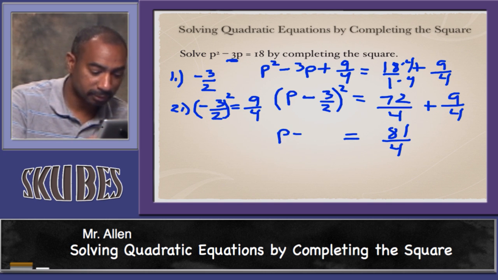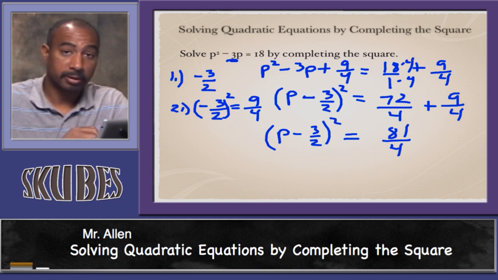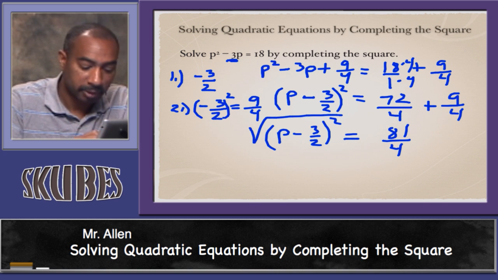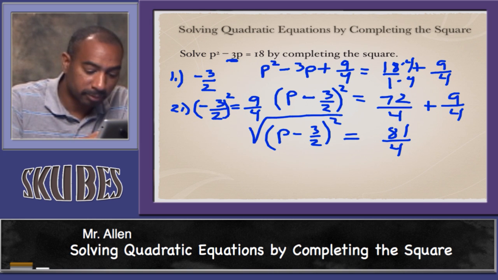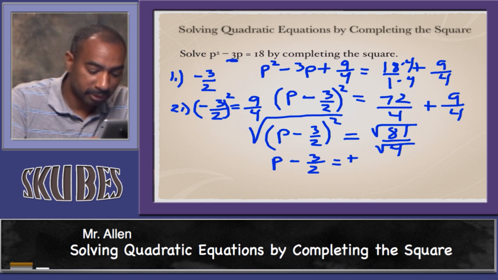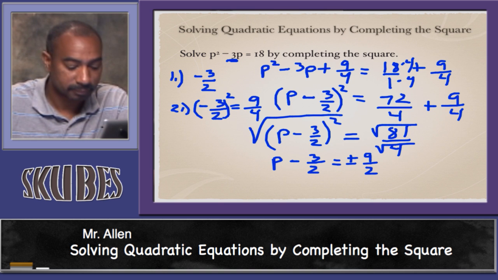And p minus 3/2 squared. And you're going to take the square root to both sides. Now you remember with the fractions, you can take the square root of the numerator and denominator. So you're going to get p minus 3/2 equals plus or minus 9/2.